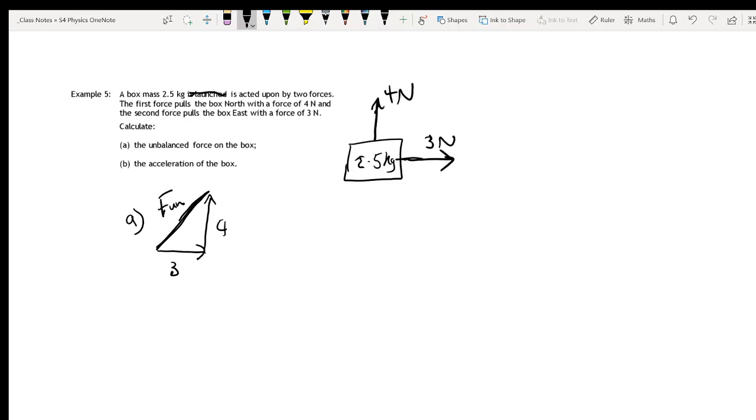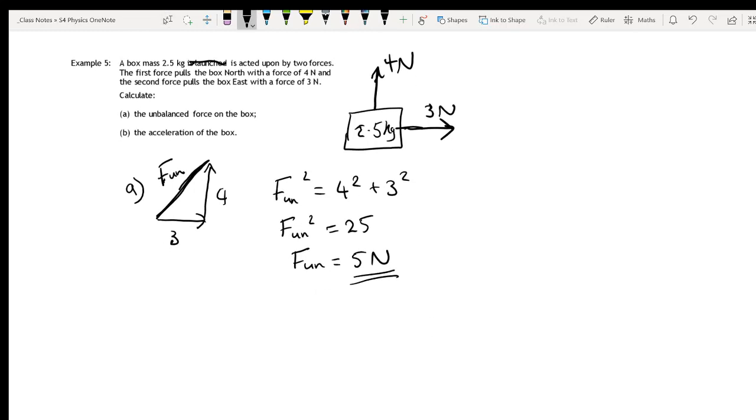So the unbalanced force squared is 4 squared plus 3 squared. Some of you may realise already that this is one of those typical 3, 4, 5 triangles. If you don't, that's absolutely fine, just work it out. So unbalanced force squared will be 4 squared plus 3 squared, which is 25. The unbalanced force is 5 newtons.